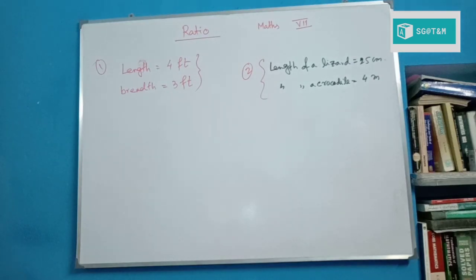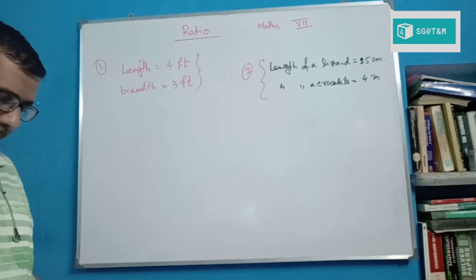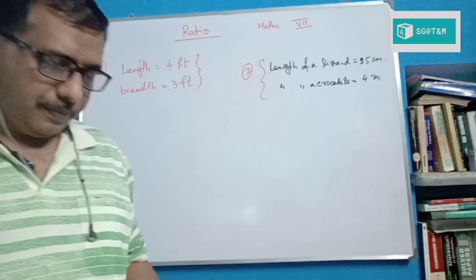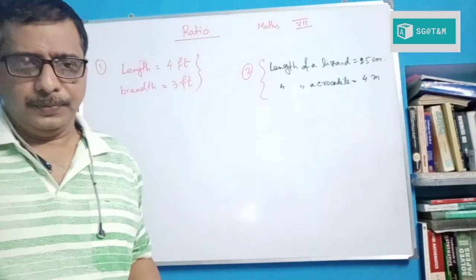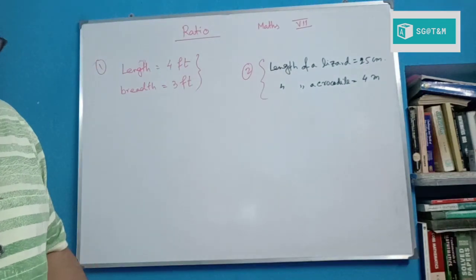In fact, there are two ways to compare quantities, as I told previously: one is to find their difference and another is dividing. When you compare two numbers by division, then we are determining the ratio. If we divide these two, this is the ratio.